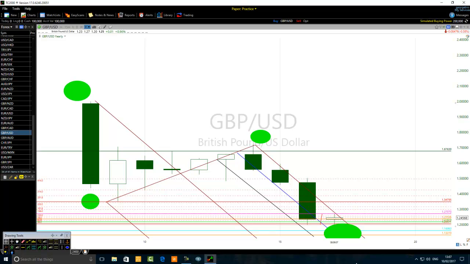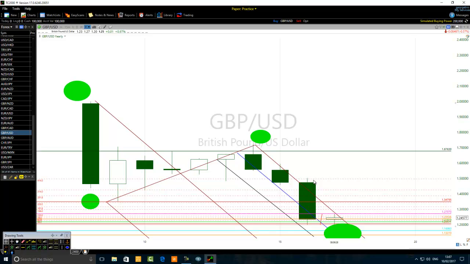Now, as you can see, if you look at this session here, the price was going down. Last year, 2016, was very, very bearish for the British pound because of the threat of the independence of Scotland and also due to the Brexit.